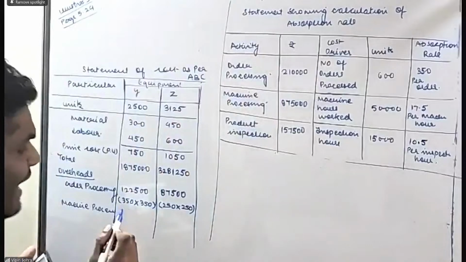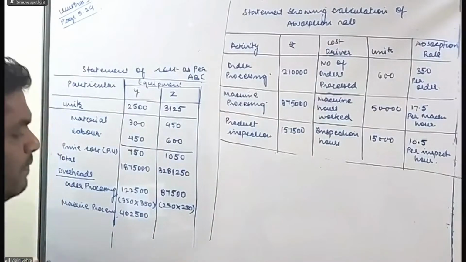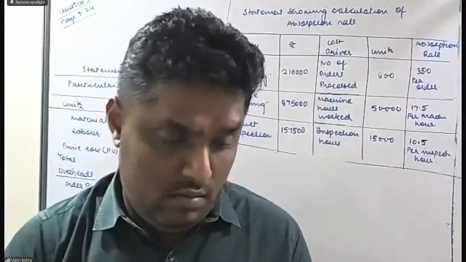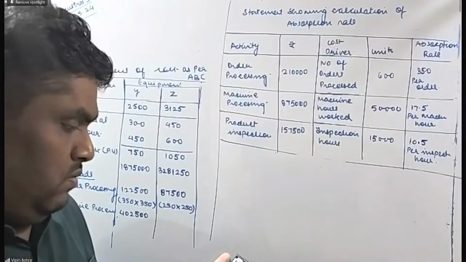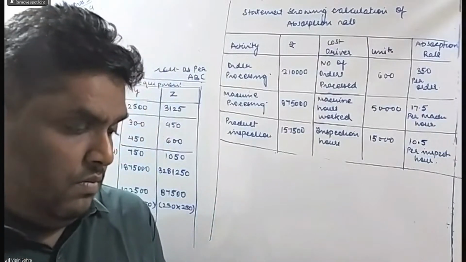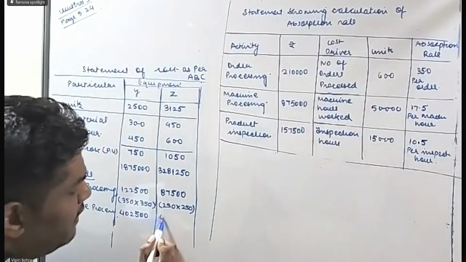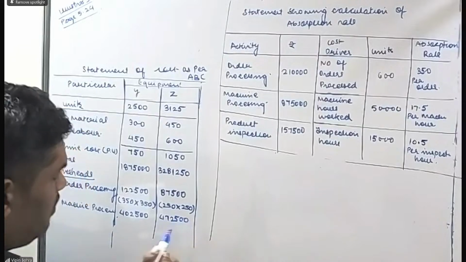So this will be 4,02,500. And this will be 472,500.